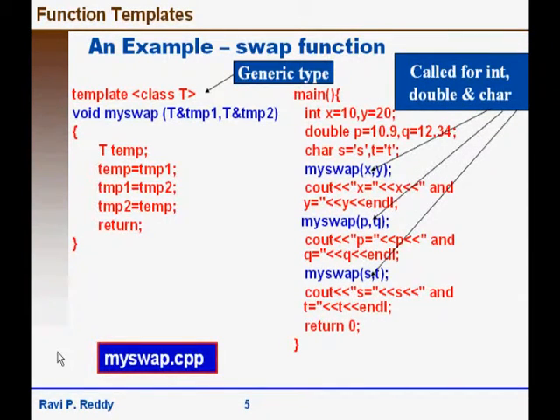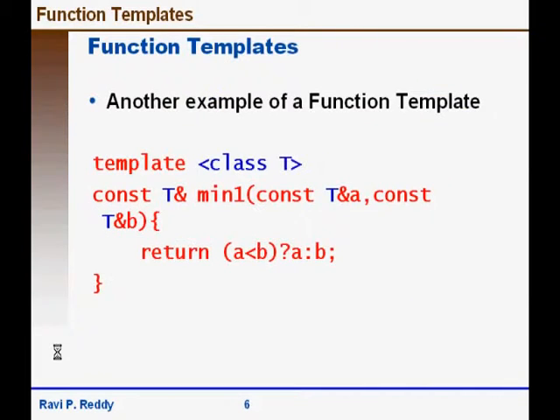So we are seeing that the same function template has been called for int, double and char, and also for strings in our example. Another example of a function template is this function template for a min function. Here the function is min1.